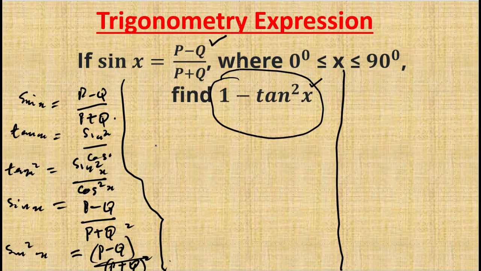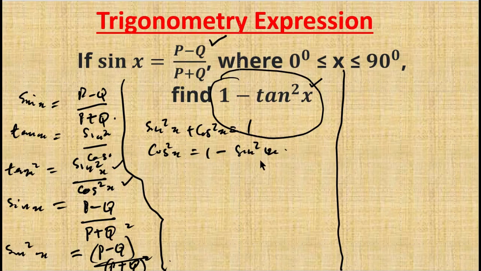Now, if sine squared x is equal to (p minus q) squared over (p plus q) squared, and I know that tan squared x is sine squared x over cos squared x, what is cos squared x? From trigonometric identities, I know that sine squared x plus cos squared x is equal to 1, so that cos squared x will be the same thing as 1 minus sine squared x.